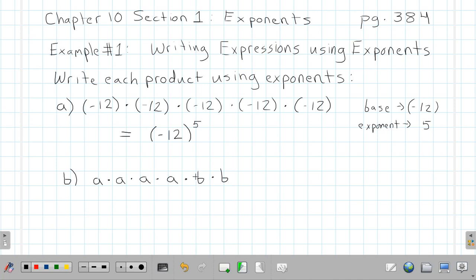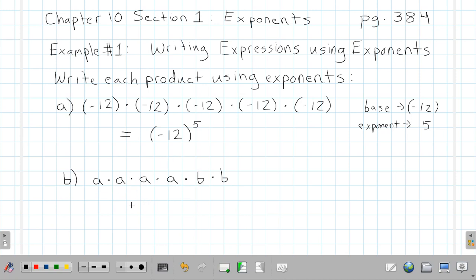Okay, so let's draw our attention to the very first of this. If you remember from the last video, the base is whatever factor is repeated. And since we're talking about factors, they can be variables too. So we have the variable a here.